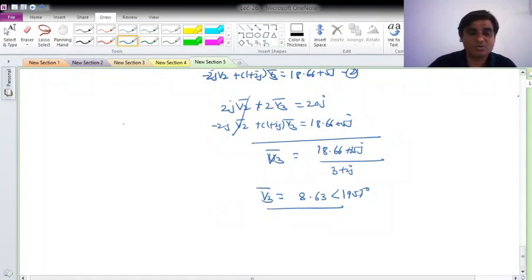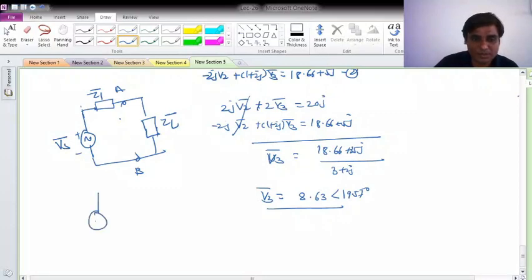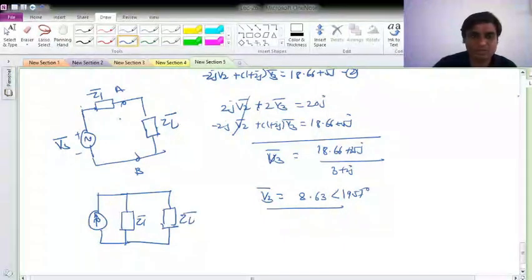For example, if you would like to do source transformation, if I have some AC source Vs phasor with some impedance Z1 bar connected, and to this a load ZL bar is connected between terminals A and B, then you can also convert this into a current source, written in parallel with Z1 bar, and the value will be Vs phasor divided by Z1.